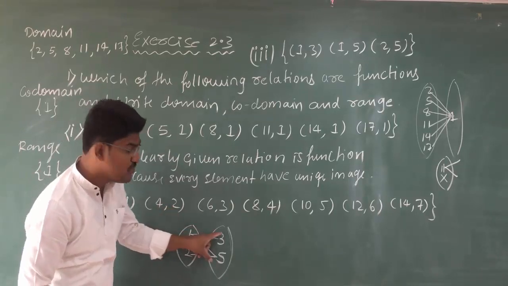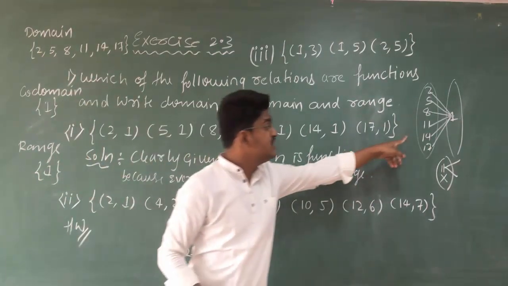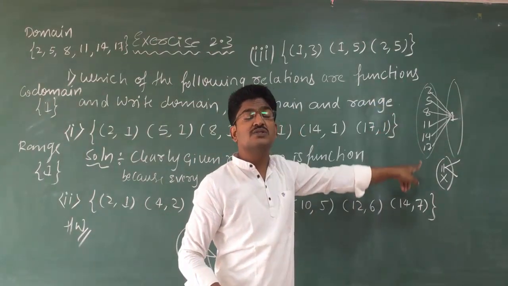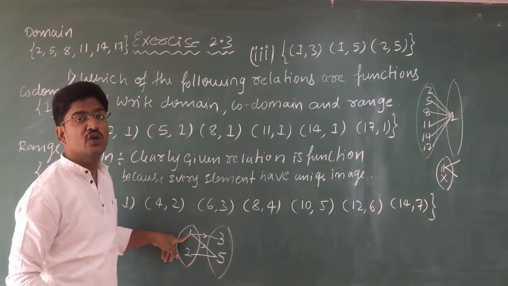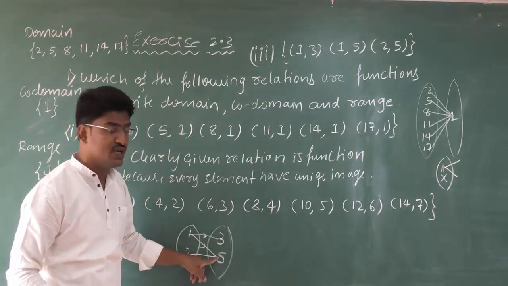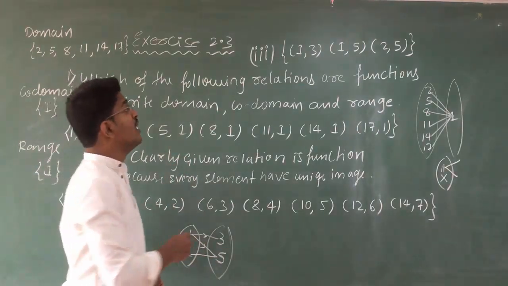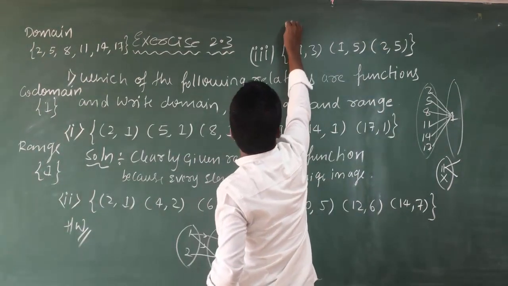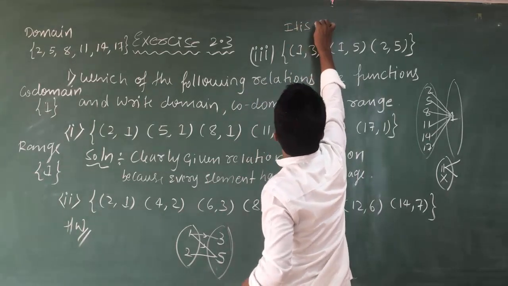It's having 2 images. One is 3, another one is 5. But in this case, all the terms are having unique images. See here, 1 is not having a unique image. It has 2 images. One is 3, another one is 5. Clear? So that's why the answer for the third one is, it is not a function.